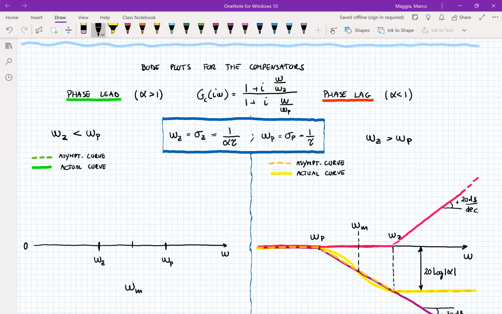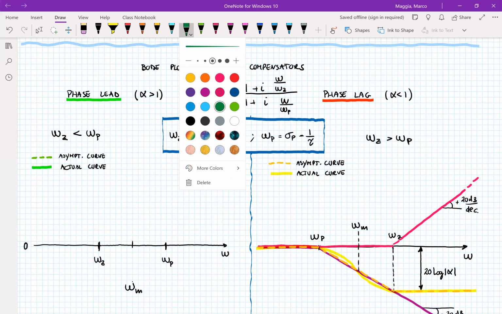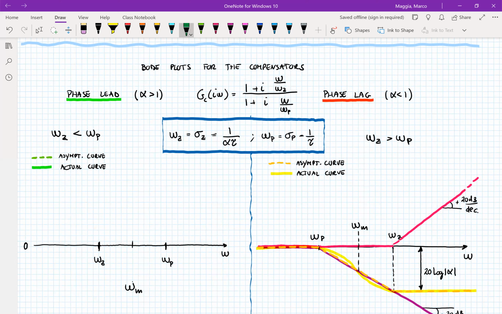Okay, so let's start by drawing the magnitude Bode plot for the zero. So it is 0 all the way to the cutoff frequency. Then at the cutoff frequency, we start raising our gain, and that will continue indefinitely. And the slope is plus 20 decibels per decade.